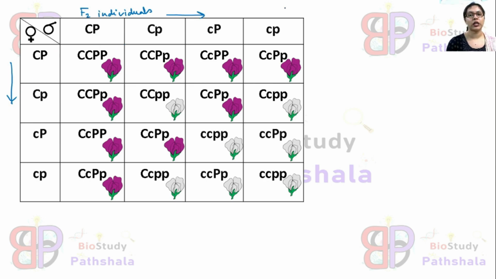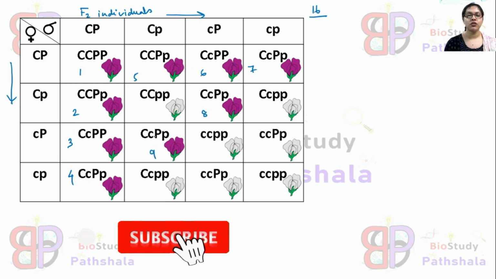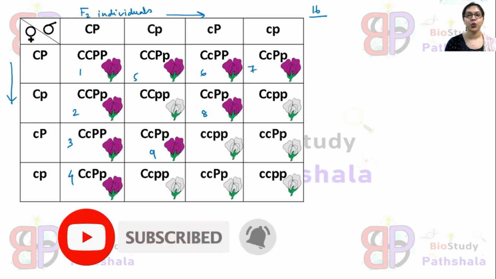And here a total of 16 individuals are obtained. You can see through the color differentiation that these individuals are showing purple coloration. That means 9 individuals among 16 are showing the purple coloration.